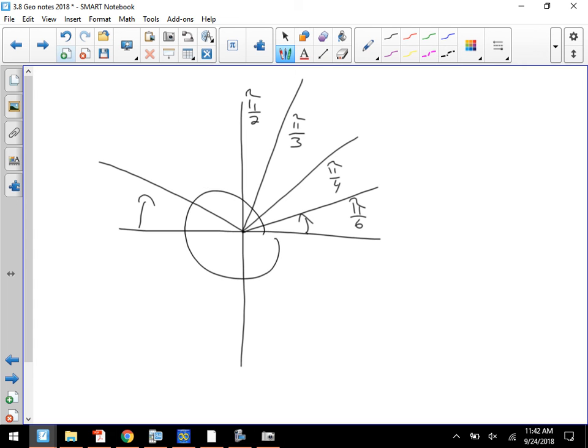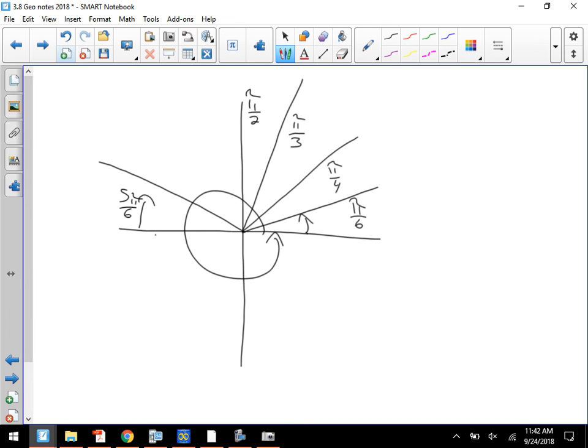If I go all the way around, it's 2 pi, so this is 1 pi. So what's 1/6 less than a whole? 5/6. You're going to want to know fractions. Trust me on this one. Fractions are so much easier because that's what everybody else uses.